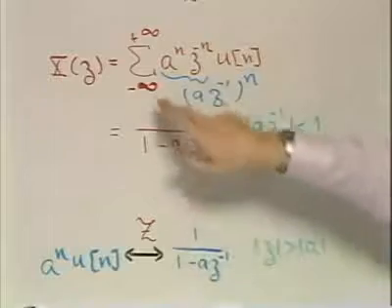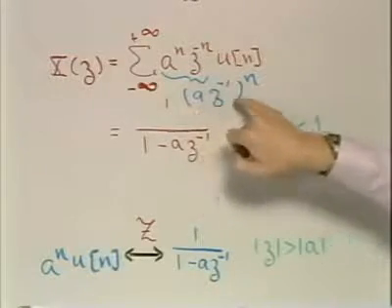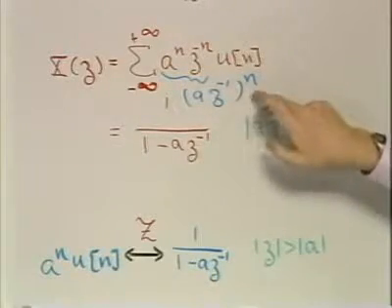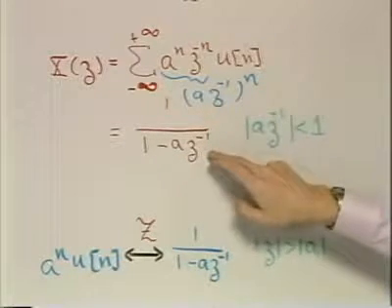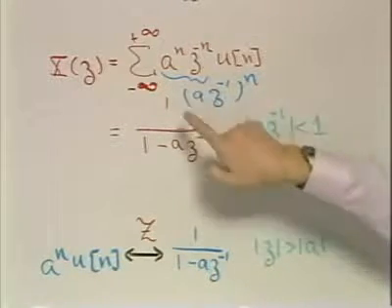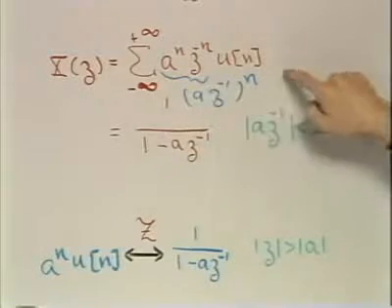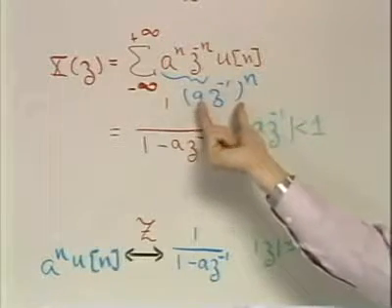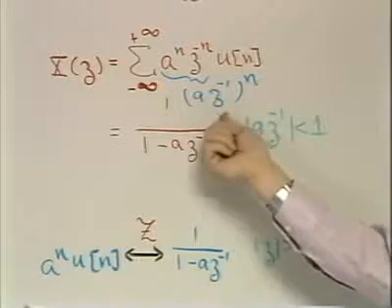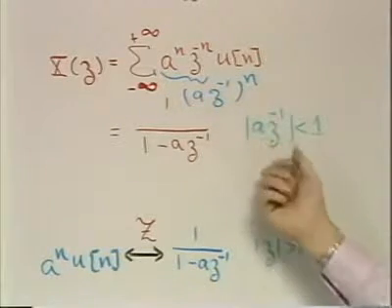So we're summing from 0 to infinity a times z to the minus 1 to the n. That sum is 1 over 1 minus a z to the minus 1. But in order for that sum to converge, we require that the magnitude of a times z to the minus 1 be less than 1.